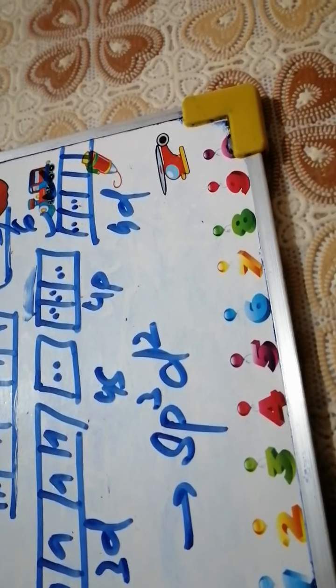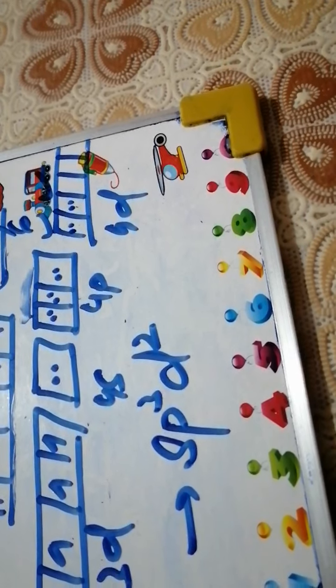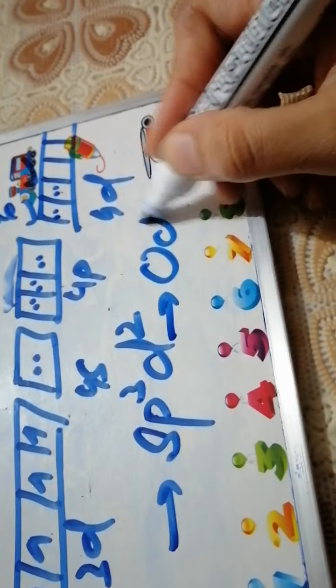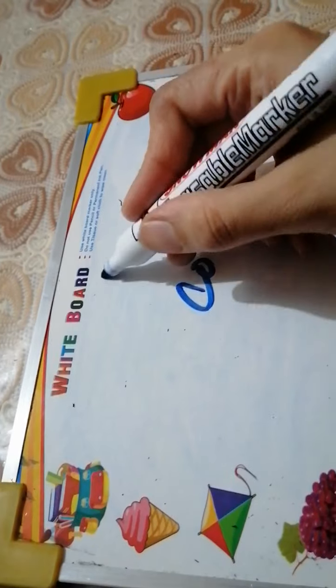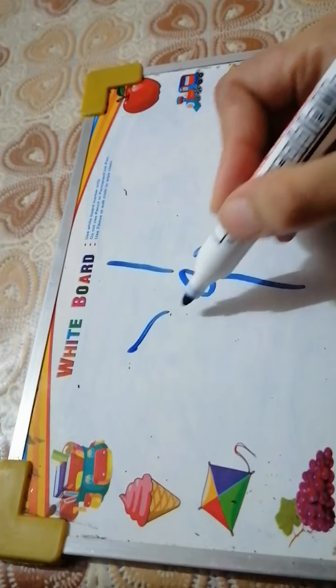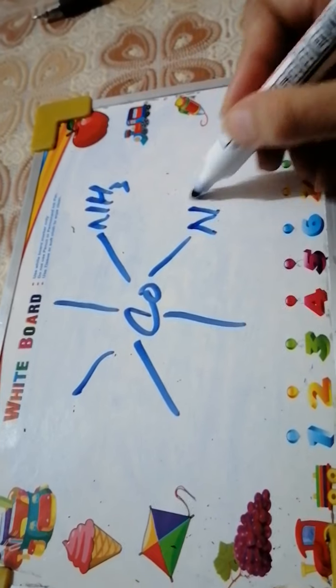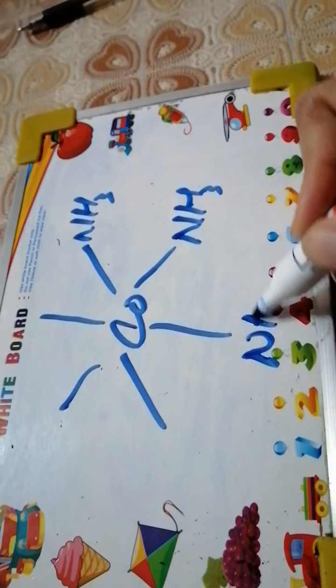When we have sp3d2 hybridization, our geometry becomes octahedral, right? And I told you how to draw octahedral, right? So if you just turn it around, if the cobalt is in the middle, then we have 6 ammonias attached with it.